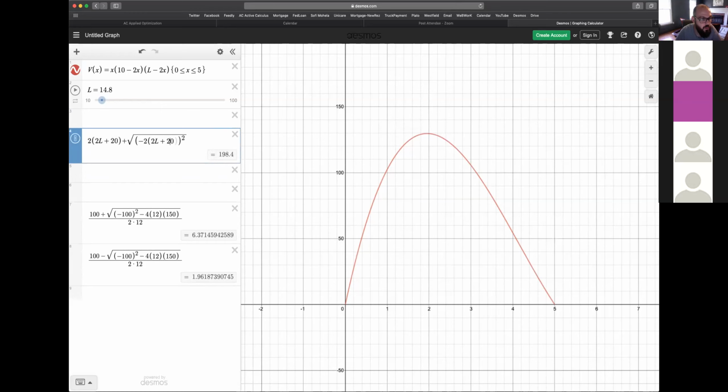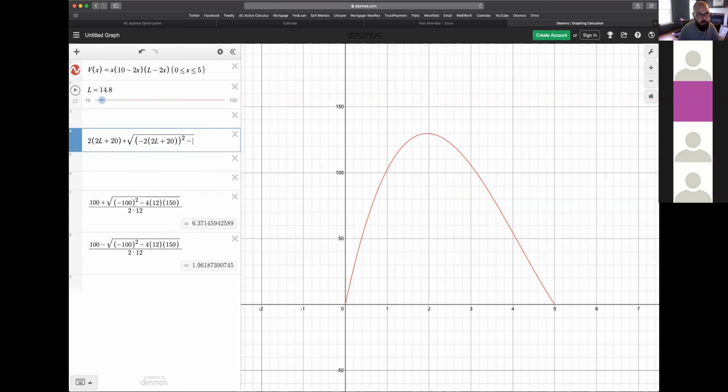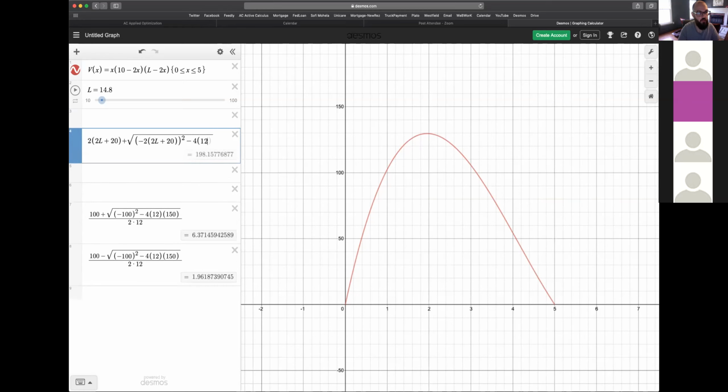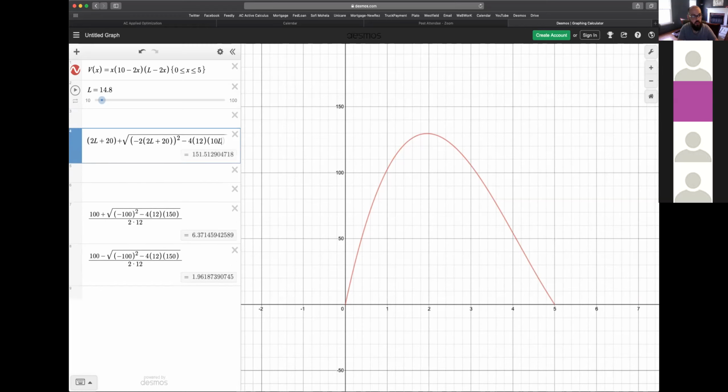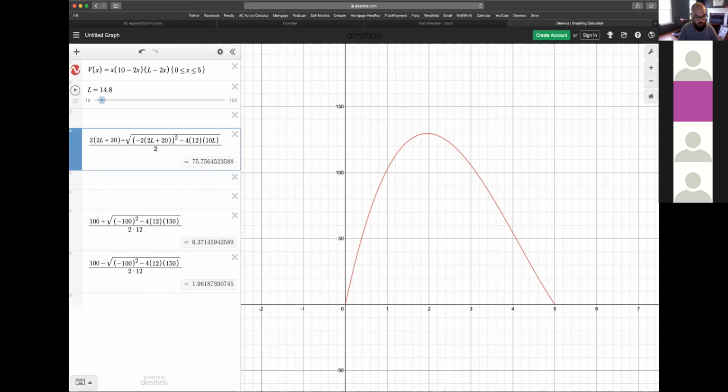B squared minus 4 times a, which is 12, and then c in our case was 10L. We took this and divided by 2 times 12. Okay, so this is one of my values.